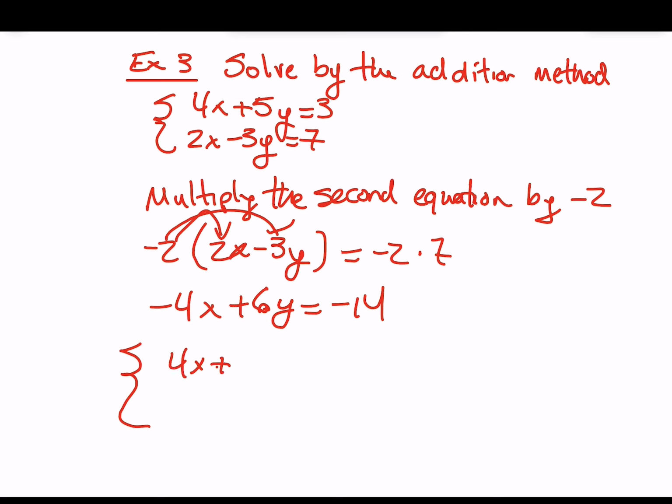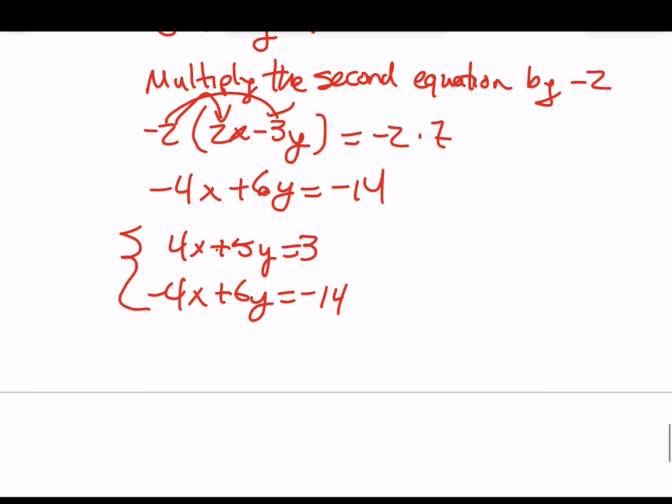Okay, so our new system of equations is 4x plus 5y equals 3, and negative 4x plus 6y equals negative 14. Notice that in our new system, if we add the x's together, those will cancel out.